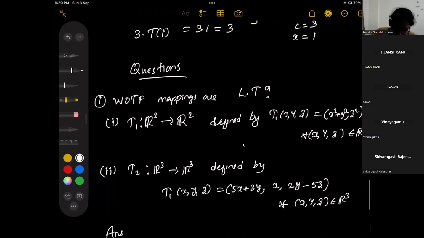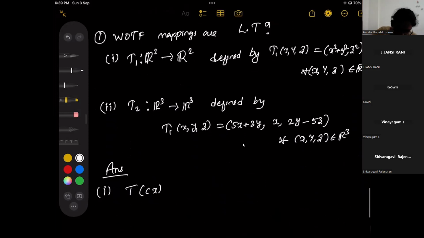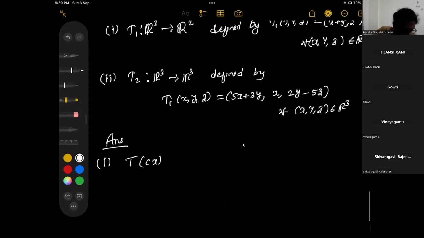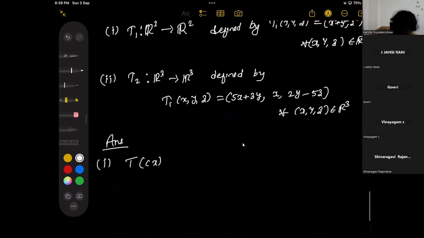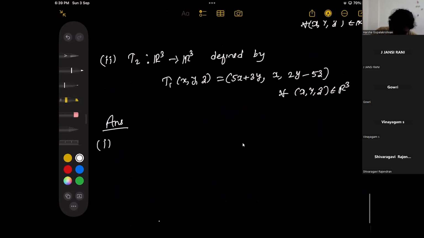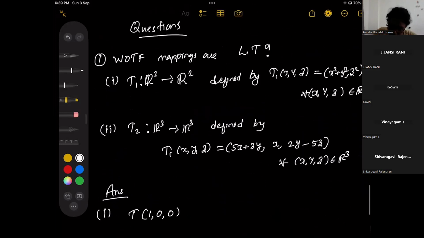For example, what will be T of 1, 0, 0? Here, the function is T of x, y, z equals x square plus y square, z square. So T of 1, 0, 0 equals 1, 0. Okay, x square plus y square is 1, z square is 0.